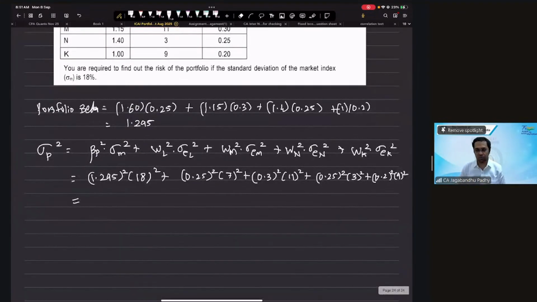Okay, so what's the variance of our portfolio using the Sharpe model? What is this number? Yes, add them all.